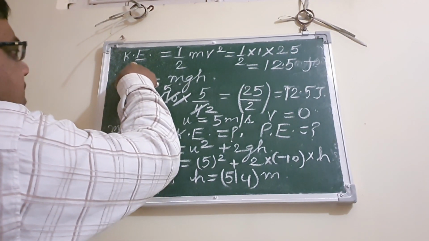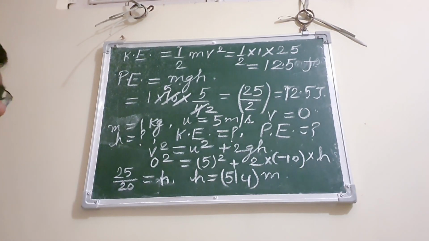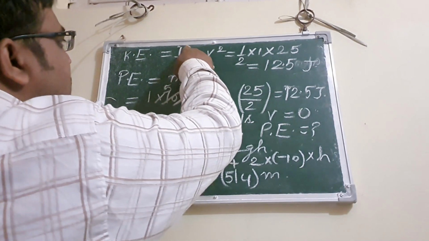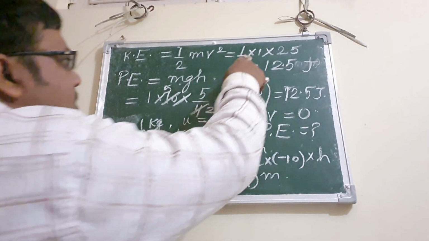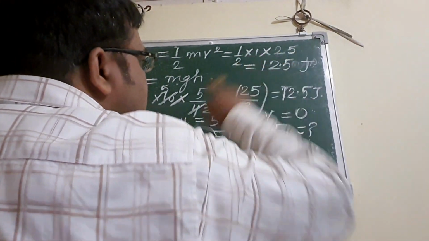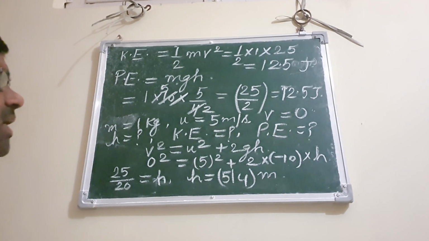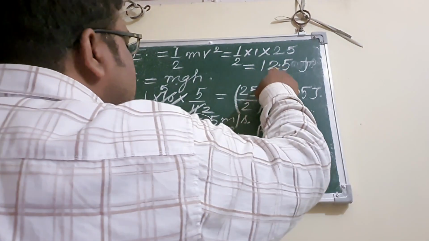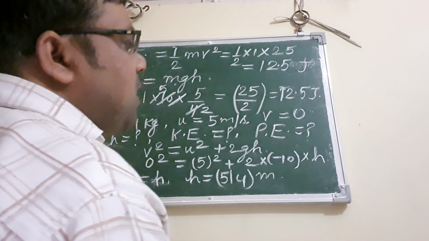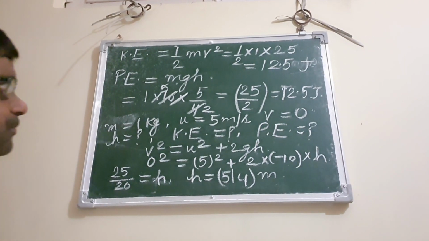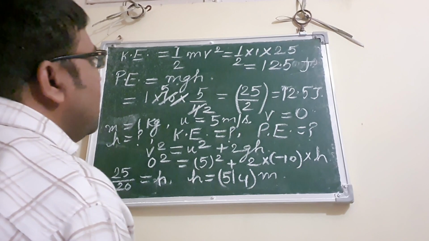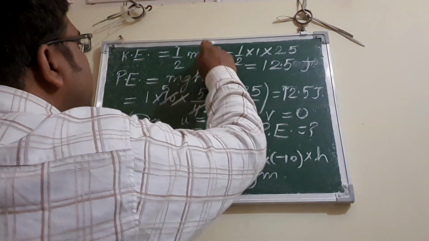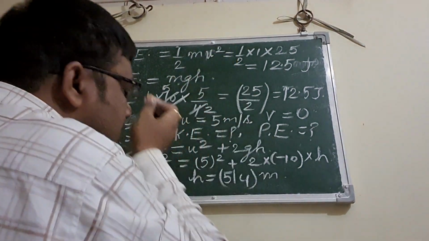Now we have to find the kinetic energy at the initial point. So when the ball was thrown, it is half mv square, half into mass, that is 1, and v square, that is 5 square, that is 25. So it will come out to be 12.5 joule. You can say it mu square also.